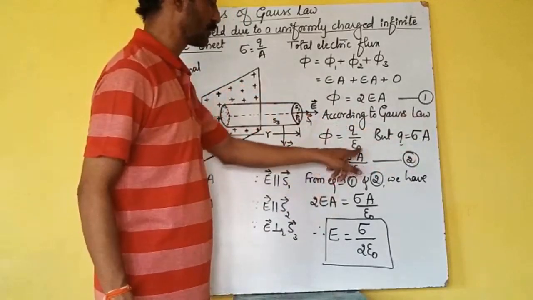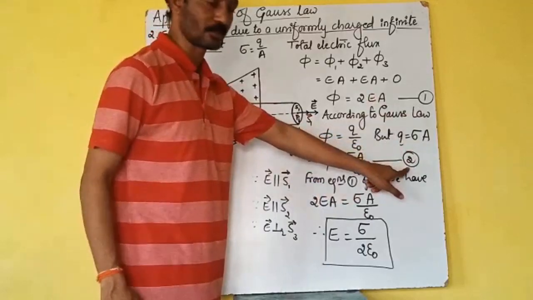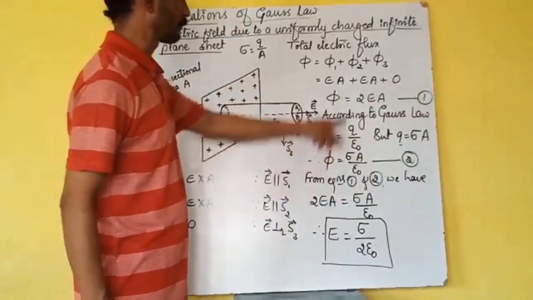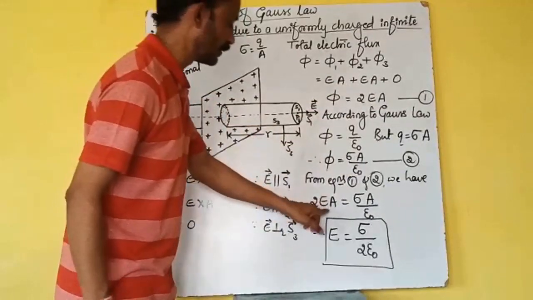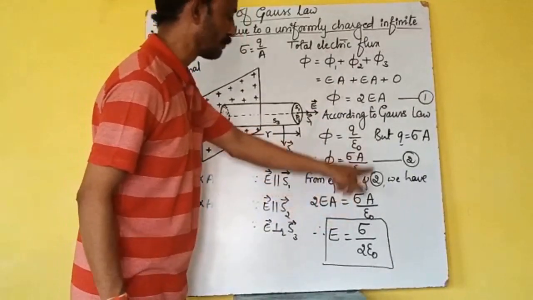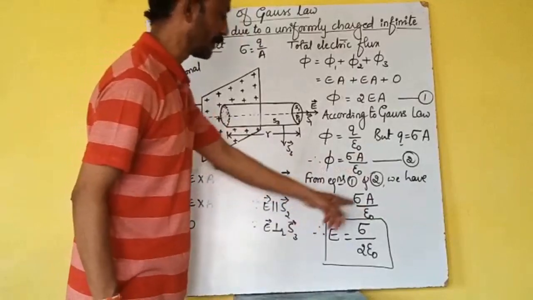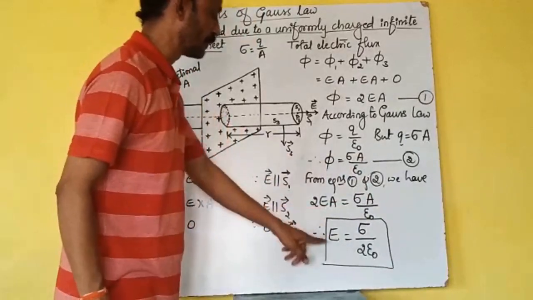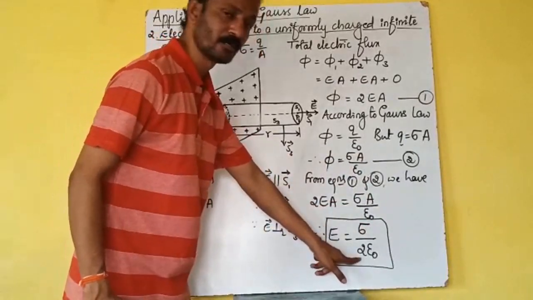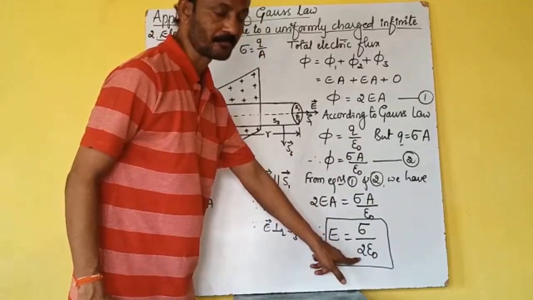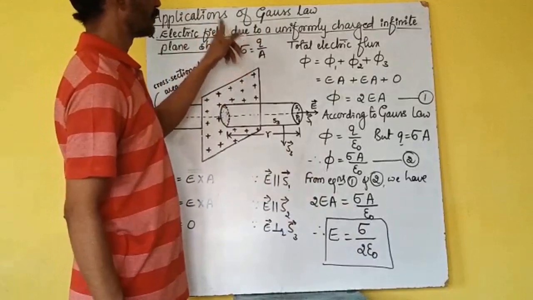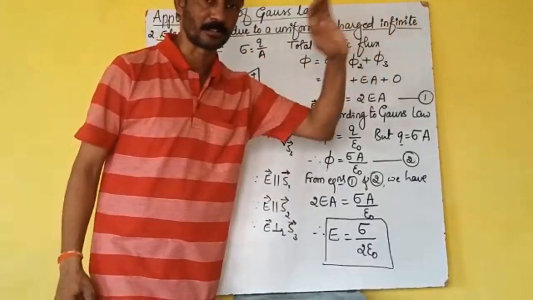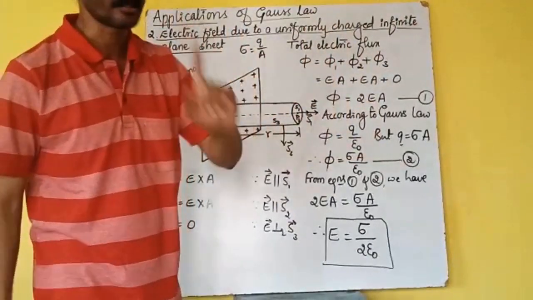Therefore, phi equals sigma A by epsilon naught, equation number 2. Then from equations 1 and 2, equating both, 2 into E into A is equal to sigma A by epsilon naught. A gets cancelled. Therefore, E equals sigma divided by 2 epsilon naught. This is the expression for the electric field due to a uniformly charged infinite plane sheet using Gauss law.